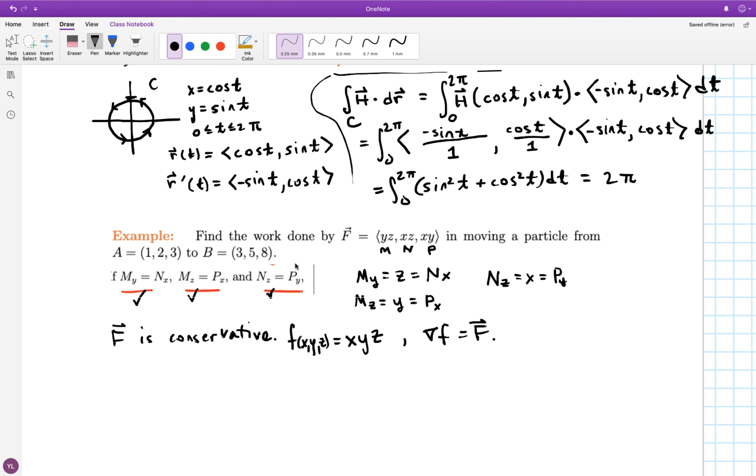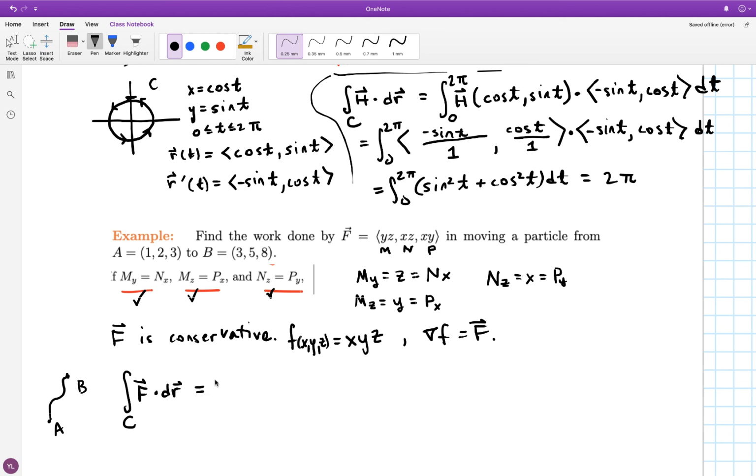Okay, and I can use my fundamental theorem of line integrals then to compute the work done going from A to B along any curve that connects A to B. So I got my point A, I got my point B. Pretty much any curve will do because the conservative vector field is path independent.